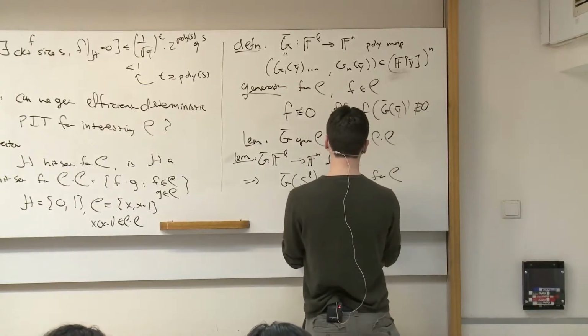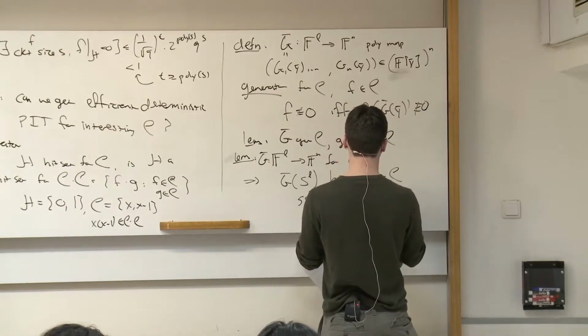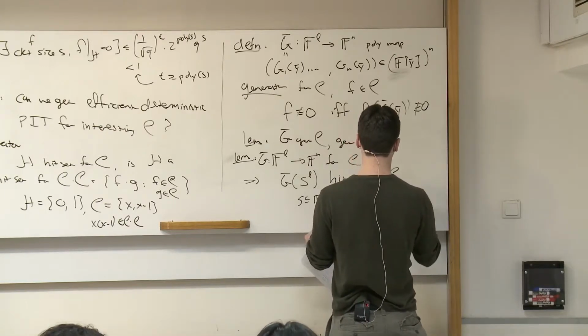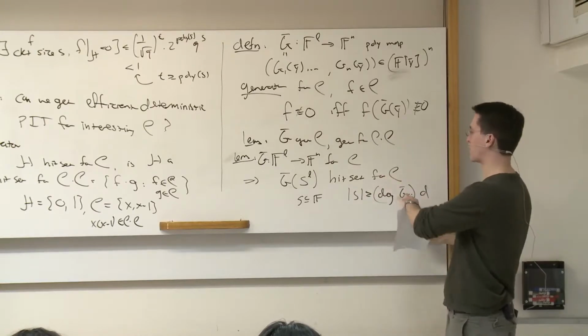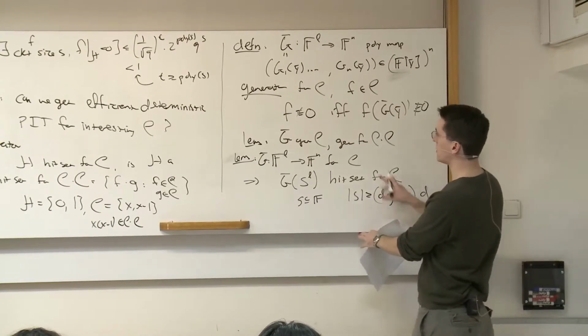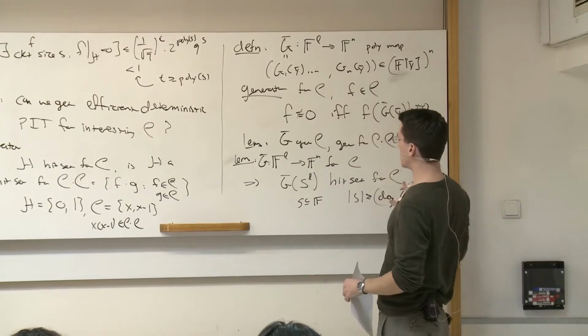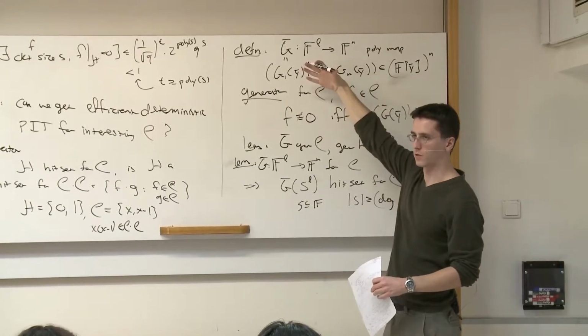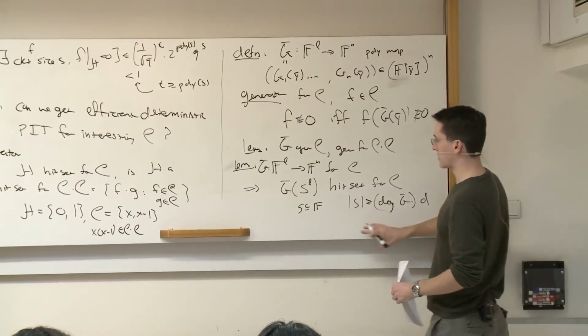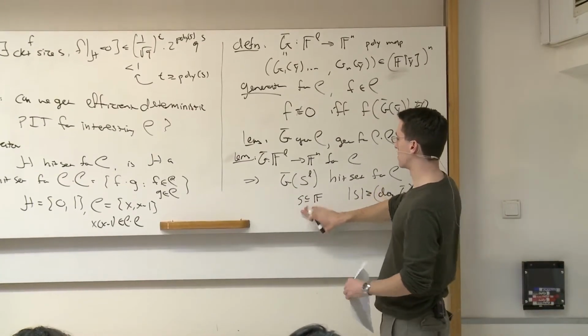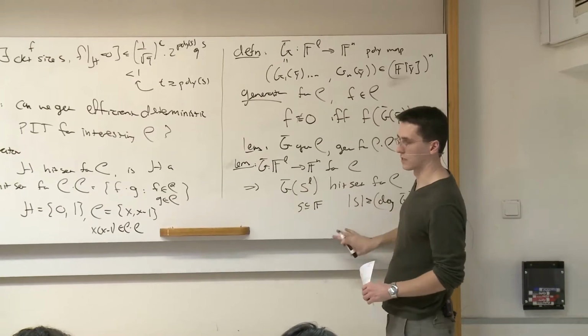We just need that S is at least the degree of our polynomial map times D, which is the degree parameter for our polynomials. G is a vector of polynomials, and the degree of this vector is just the maximum degree of any polynomial that appears. So basically you choose some set, you get the cube, you evaluate the generator, and this is a hitting set.